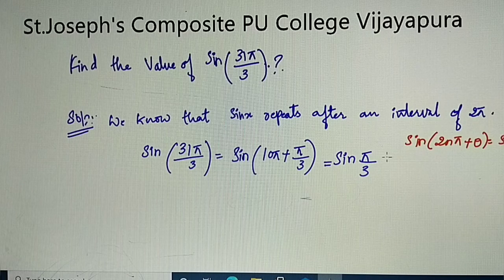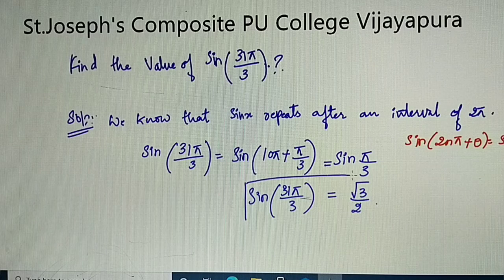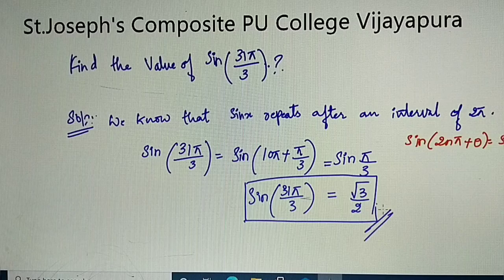So sine of 10 pi plus pi by 3 will be sine pi by 3. The sine pi by 3 value is root 3 by 2. So the value of sine of 31 pi by 3 is root 3 by 2, which is the required answer.